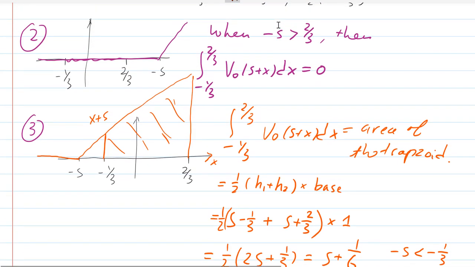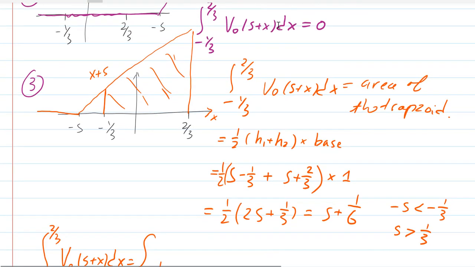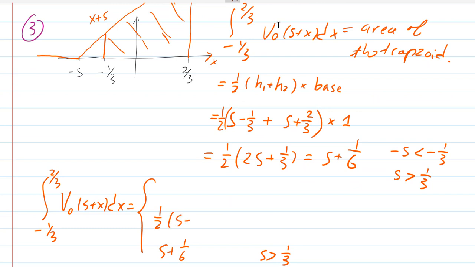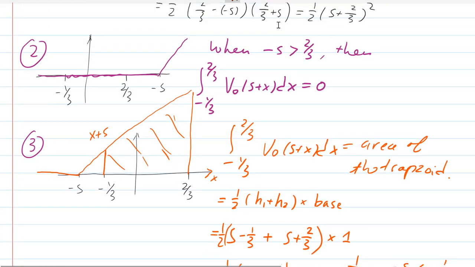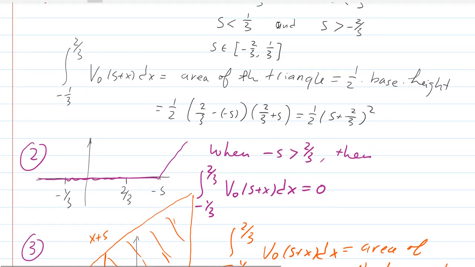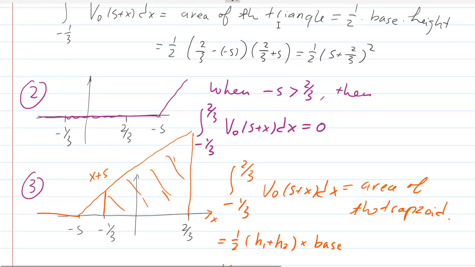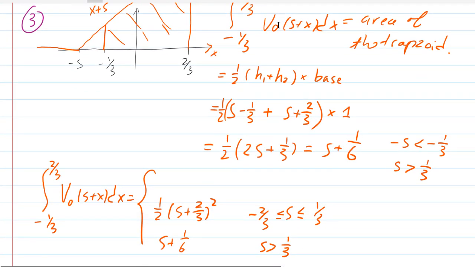Let's go back a little bit, and that's 1/2 (s plus 2/3) squared, and that's when s is less than or equal to 1/3 and bigger than or equal to negative 2/3. That's what we found over here. And if s is less than negative 2/3, then we have completely 0.